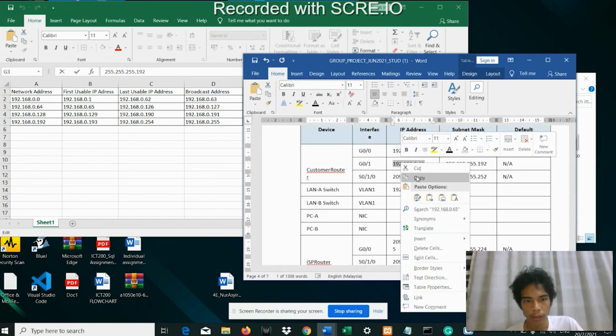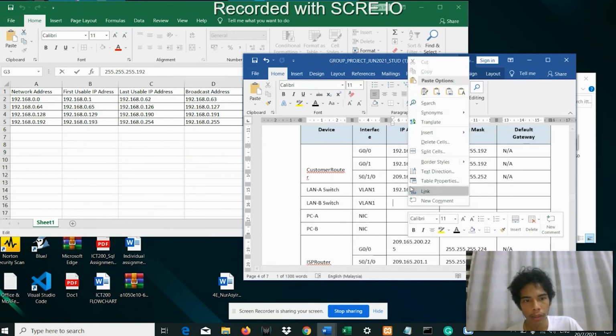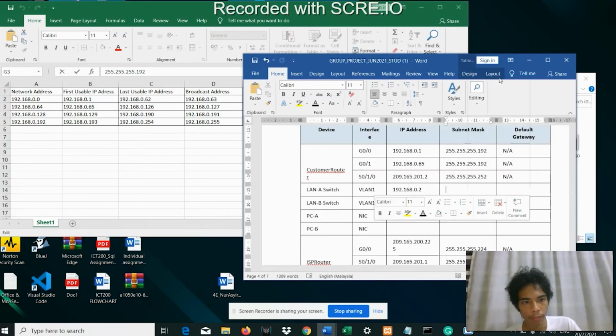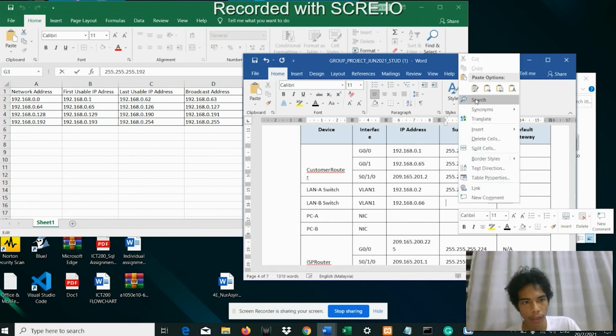Copy, paste, and 66 instead. The subnet mask is also the same, so we just put it on both of these, and this.